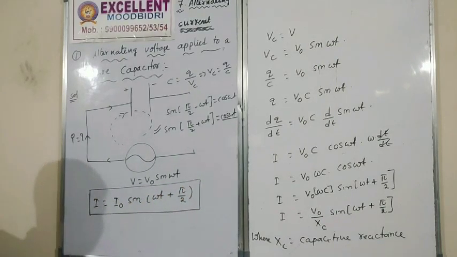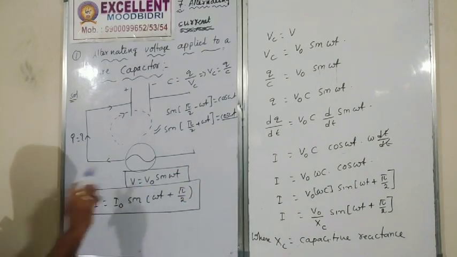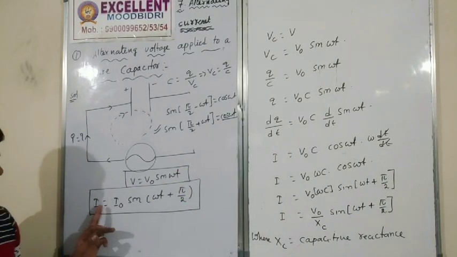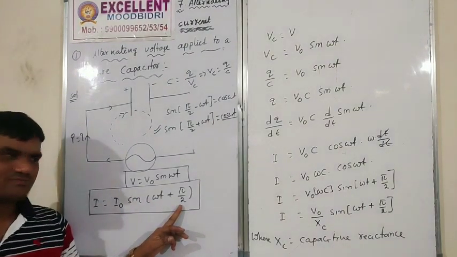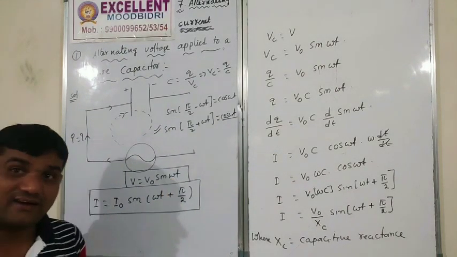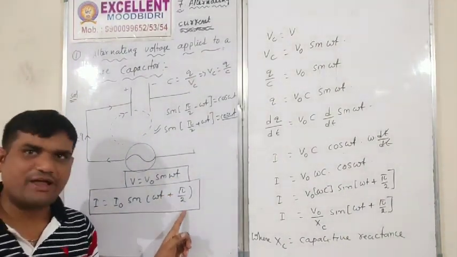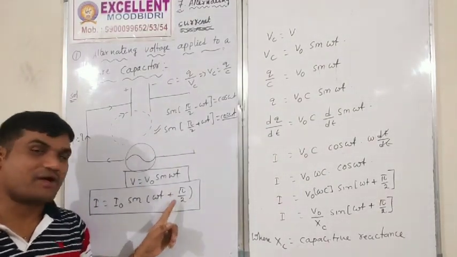With the help of this equation and this equation, if I see, I is omega t plus pi by 2, and this is just omega t. For the inductor it is omega t minus pi by 2, but for the capacitor it is plus pi by 2.